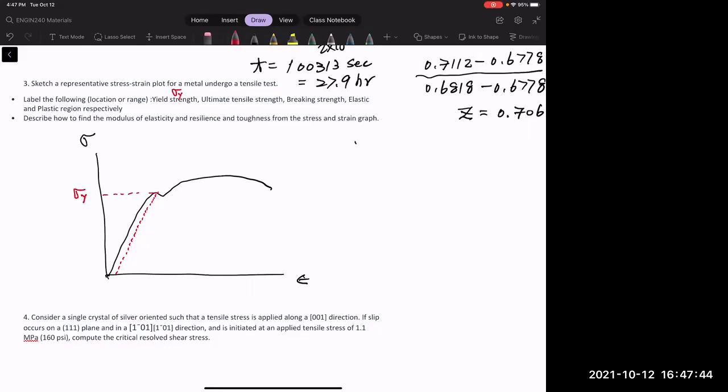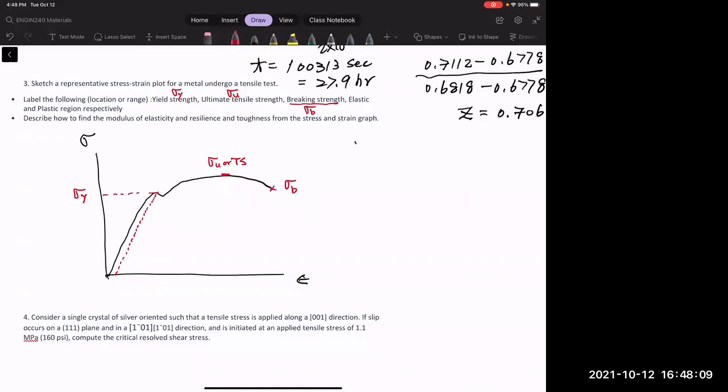The ultimate stress is the highest peak, so this will be your sigma U, or the tensile strength. This stress here is the breaking stress or the fracture stress. So this one is the sigma B here.